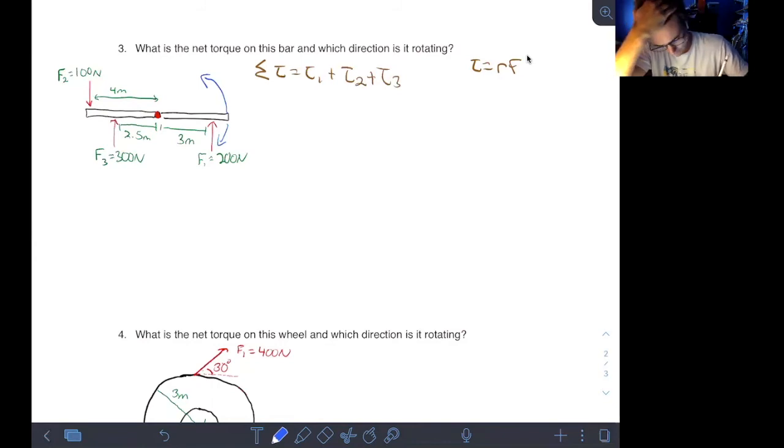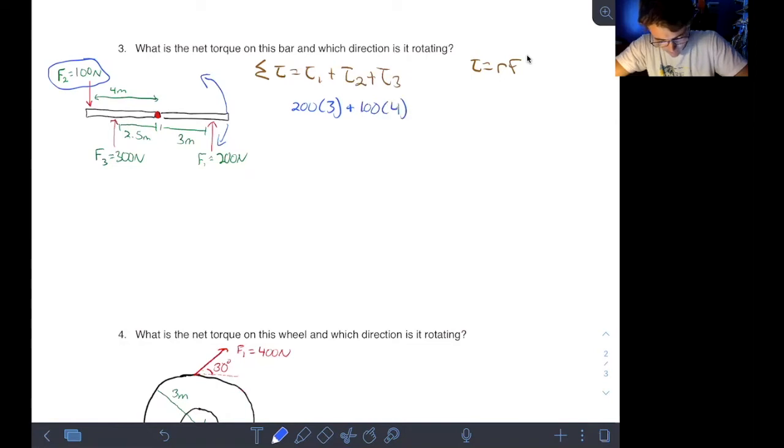So the first force is pushing in the positive direction on the unit circle, so that's a positive torque. It's 200 newtons times 3 meters, because it's 3 meters away from the center that is rotating. The second one over here, 100 newtons, is pointing in the positive direction, because it's going to make the circle go counterclockwise, which we defined as positive.